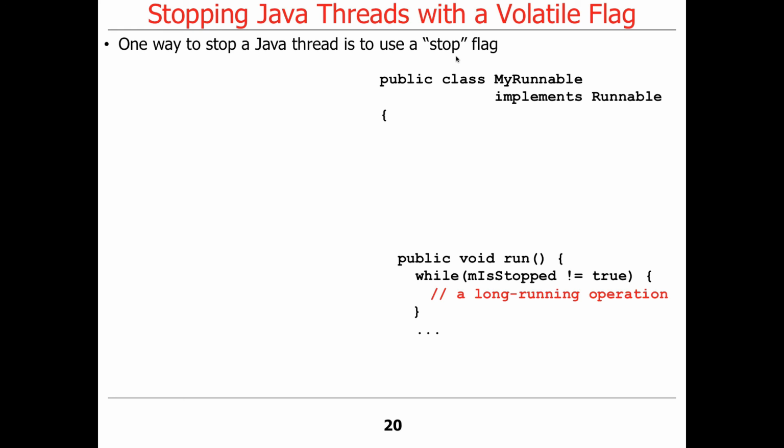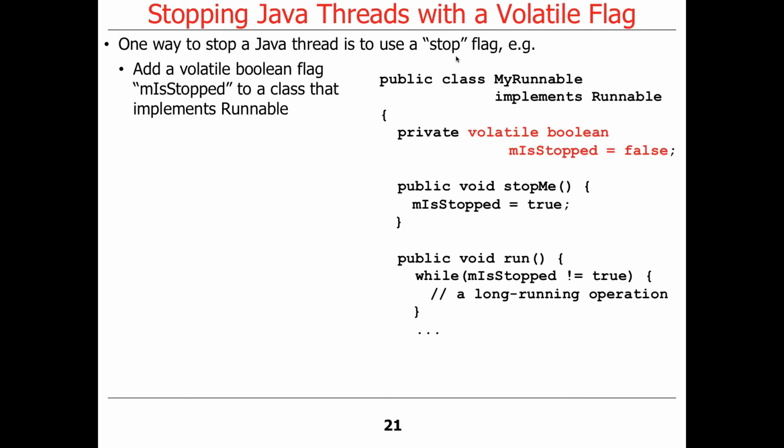So here's how to do this if you want to. This is an example, but it's emblematic of this type of approach. So what we've got here is a class, and its run method is going to do some long-running operation. And we're going to add a volatile flag, which will initially be set to false, called m_is_stopped.